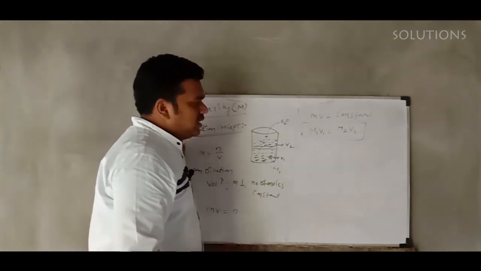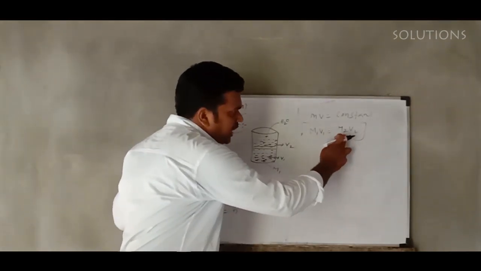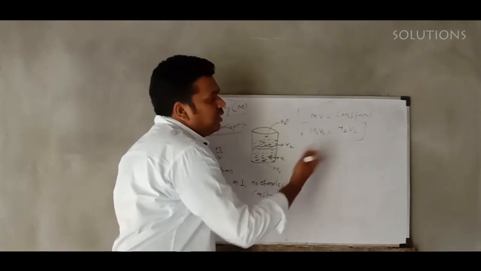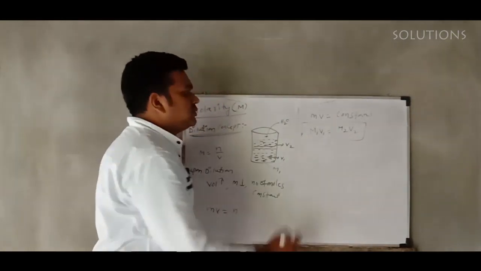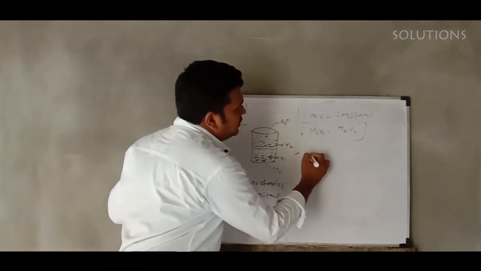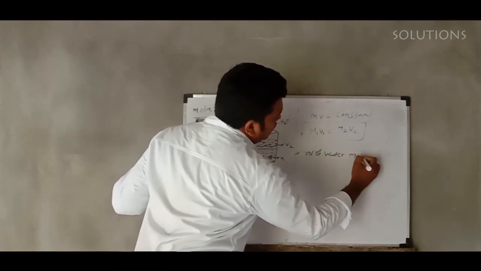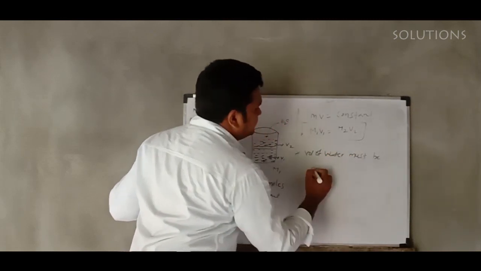In some cases they are giving the molarity and volume, M1 given, V1 given, M2 given. Sometimes they ask for the volume, and in some cases they ask for the volume of water that must be added.